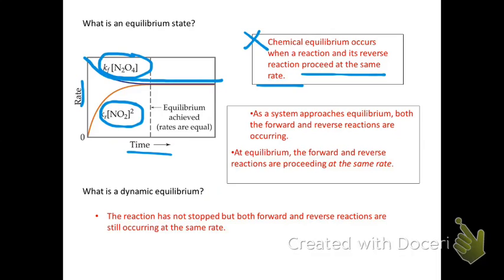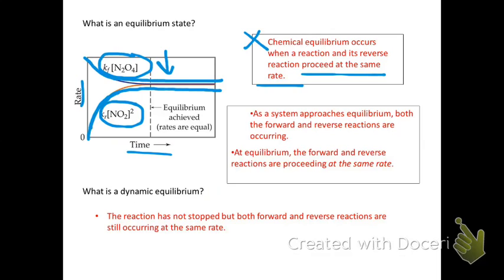And then the product, it's going to increase, of course, because we're creating more product. The rate is technically going up, and then it's tapering off, and then it's going to become constant as well.